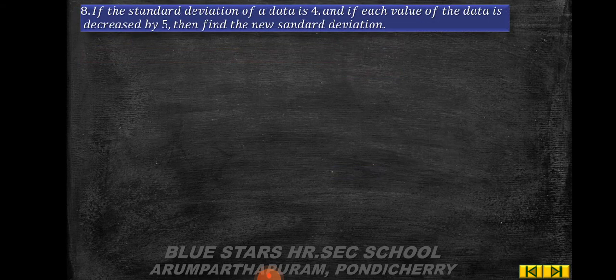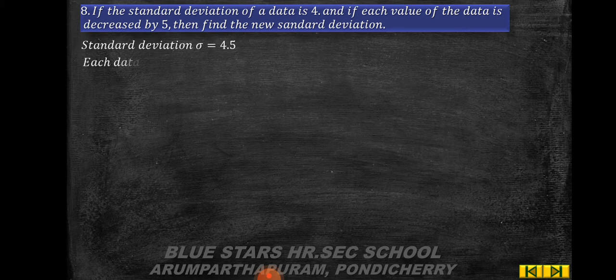Question number 8. If the standard deviation of a data is 4.5 and if each value of the data is decreased by 5, then find the new standard deviation.